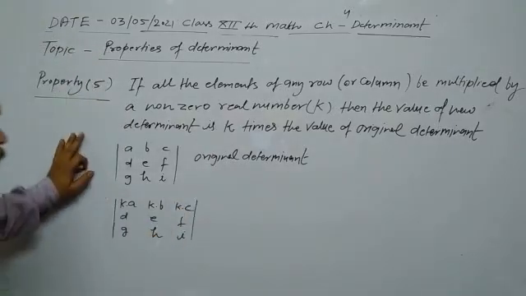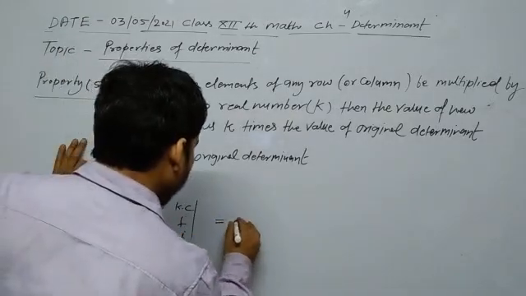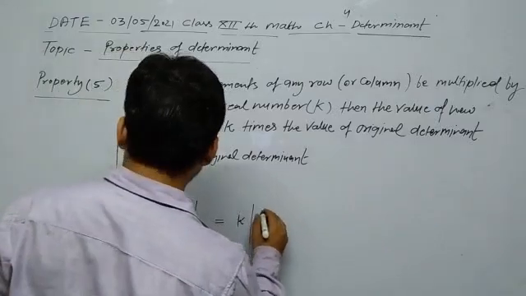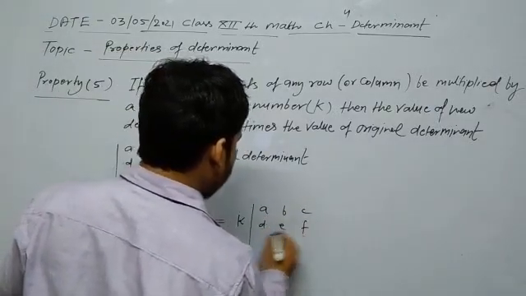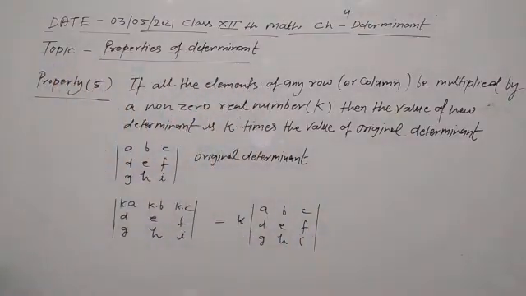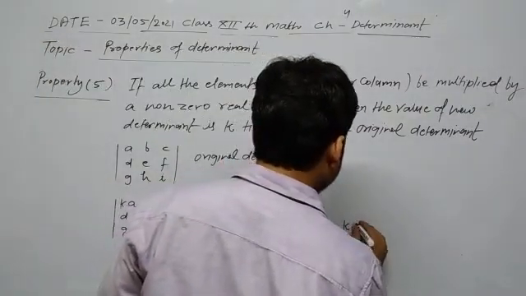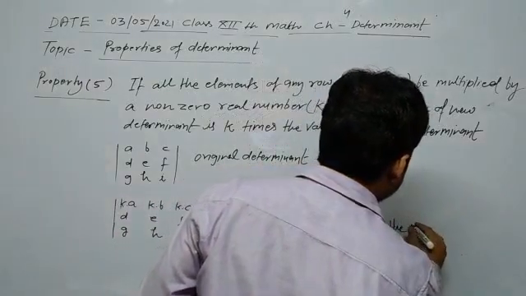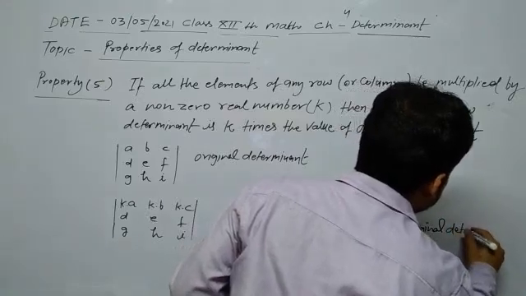Then the new determinant will be k times A B C, D E F, G H I, which is equal to k times the original determinant.